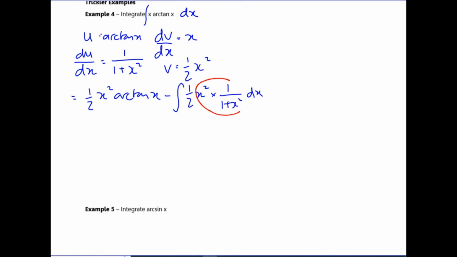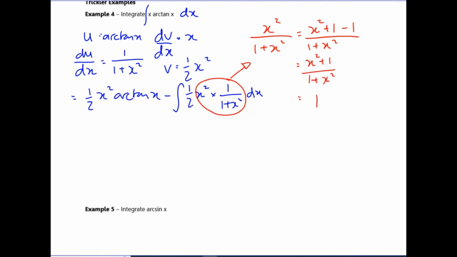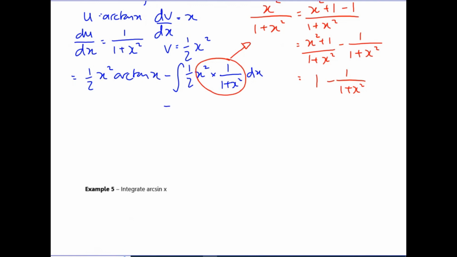This fraction here, to be able to integrate this, I need to do some short division on this. x squared over x squared plus 1. I'm going to rewrite the top as x squared plus 1 minus 1. So now I've got the denominator up there, and I can split this up into x squared plus 1 over x squared plus 1, which is just 1, and then minus 1 over x squared plus 1.